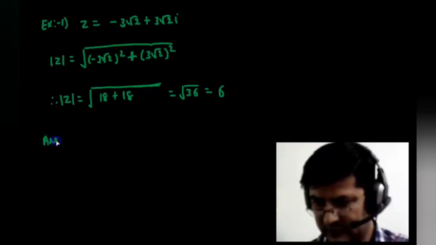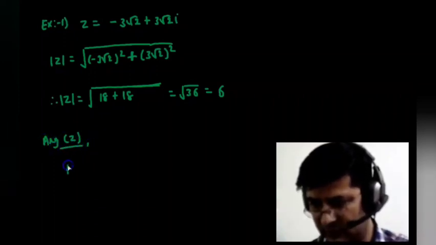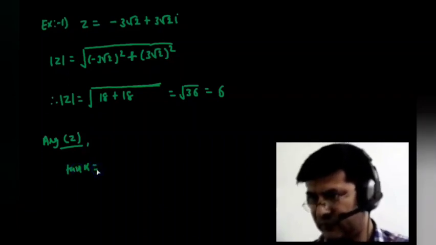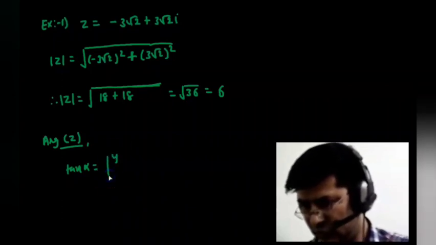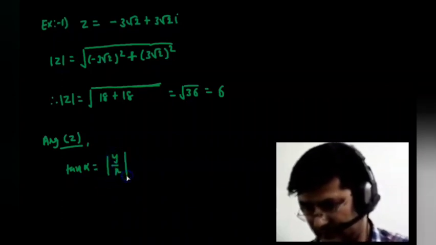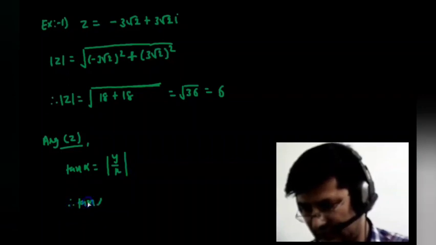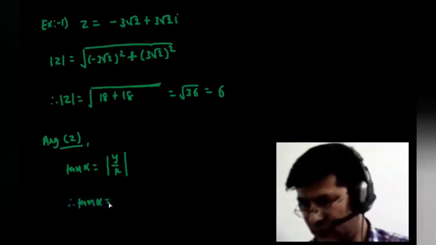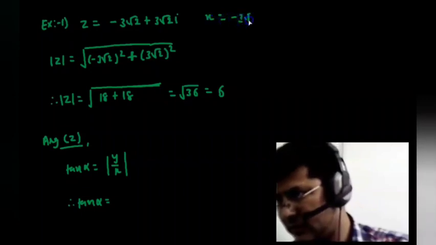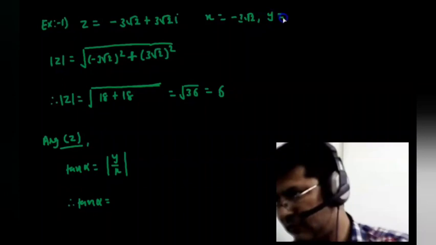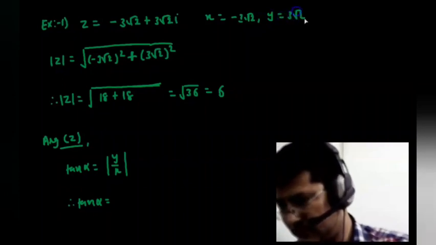And for argument of Z, we have to first find out alpha. So tan alpha is equal to modulus of y by x. Therefore tan alpha is equal to, here value of x is minus 3 root 2 and the value of y is 3 root 2.